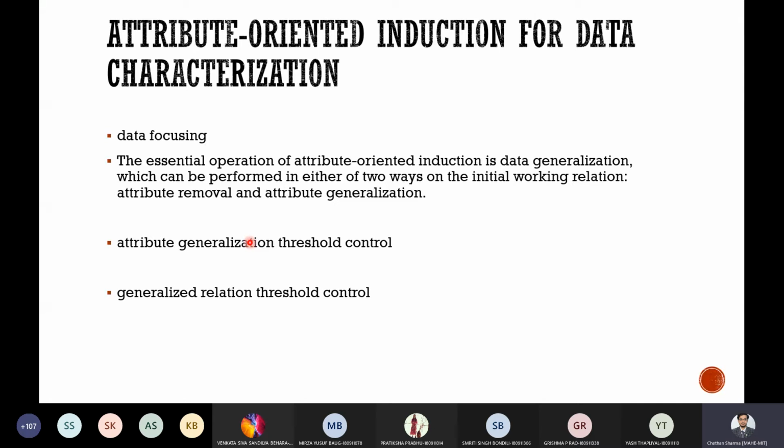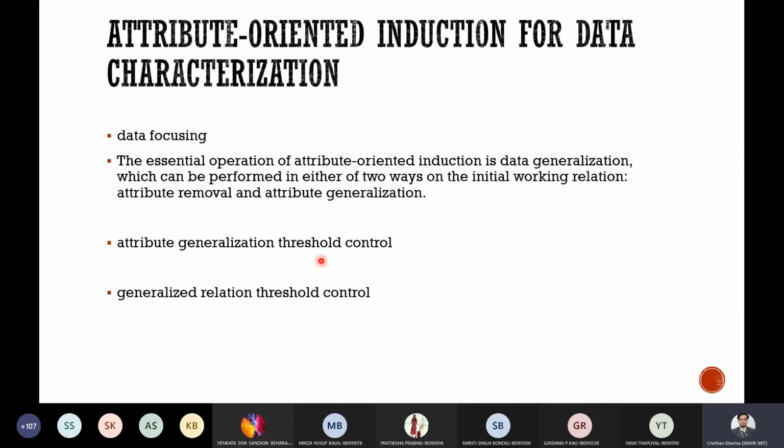So we'll see two techniques. One is attribute generalization threshold control, and the second is generalized relation threshold control. The first technique, attribute generalization threshold control, usually sets one generalization threshold for all the attributes in the data set, or sets one threshold for each attribute.